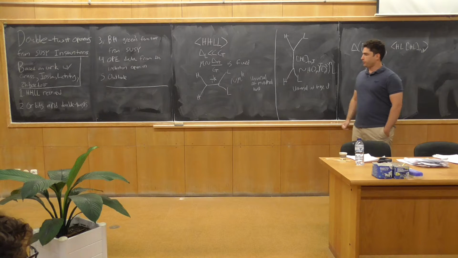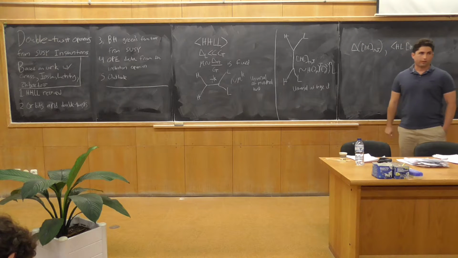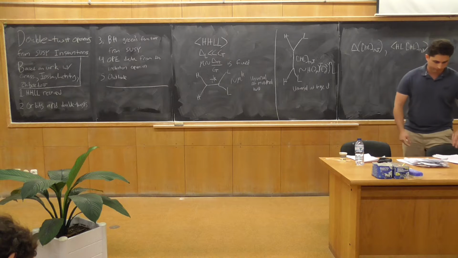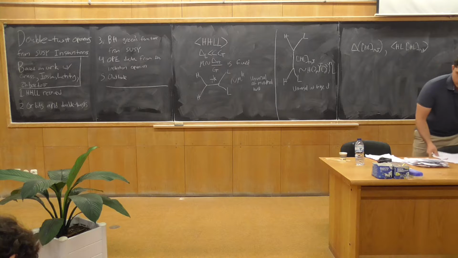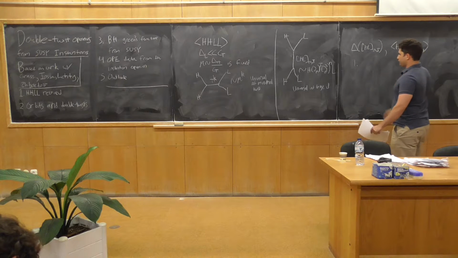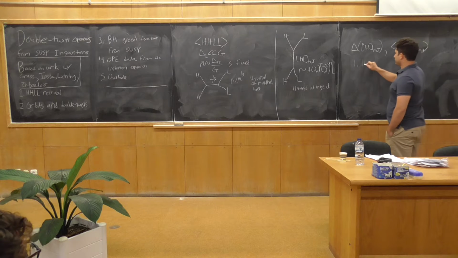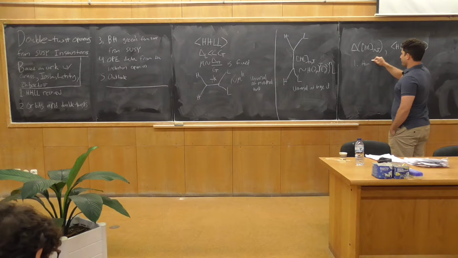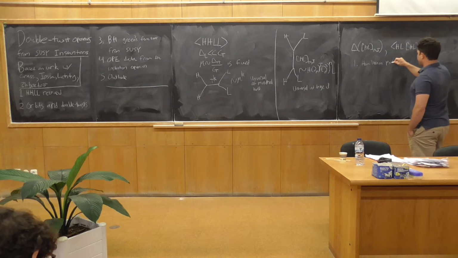At mu equals 0, we have a generalized free field, and beyond that, these things get corrected. So how do we compute these corrections? There are a few methods that are known. The first one is Hamiltonian perturbation theory. Namely, we map this problem to AdS.